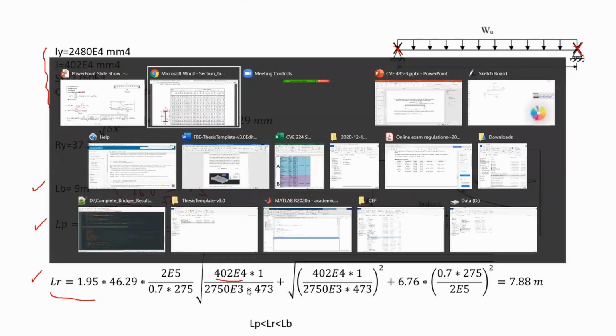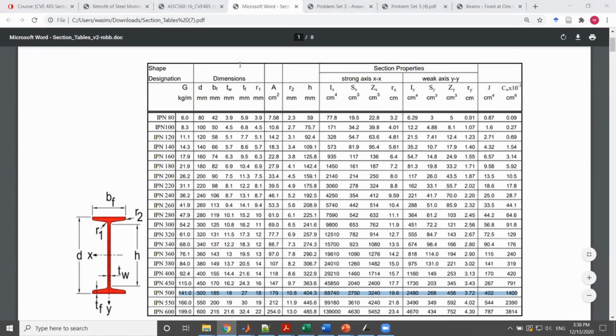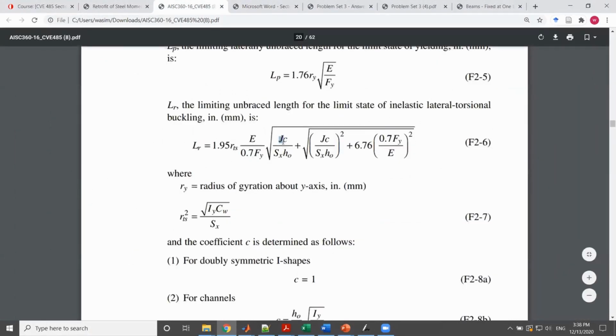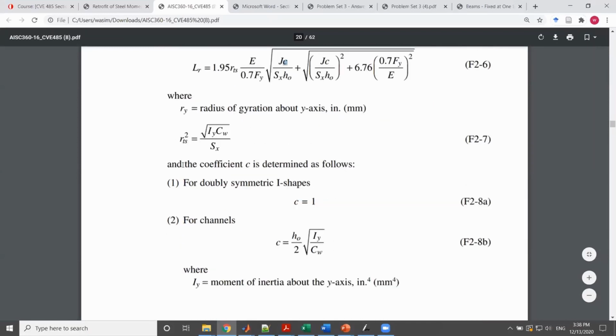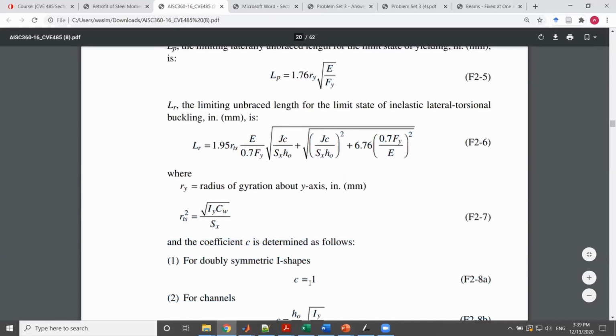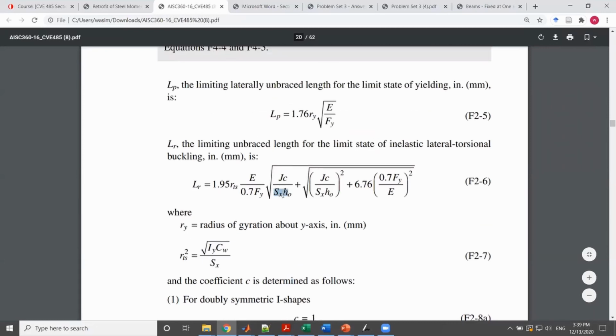What else? Go back to the AISC, my equation. What other terms do I have? I have the c. The c I substituted as 1. There are conditions for the c, which are shown in the AISC. And what else? My case is a doubly symmetric I-shape, that's why it's 1. Sx is, again, given in section tables.